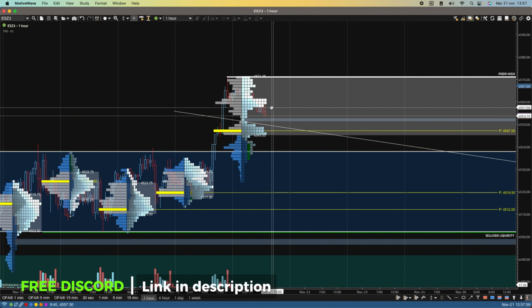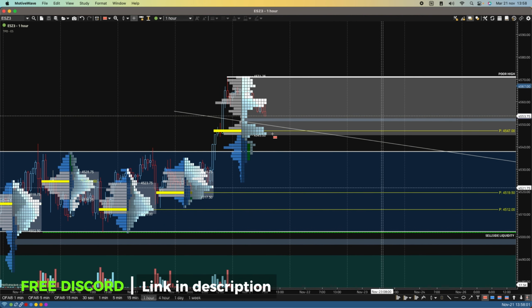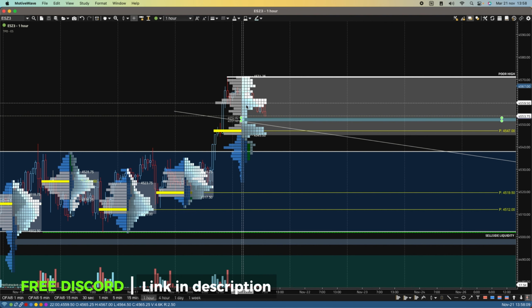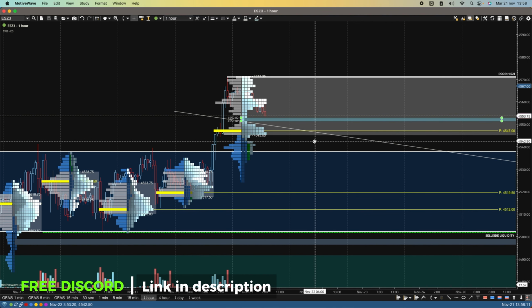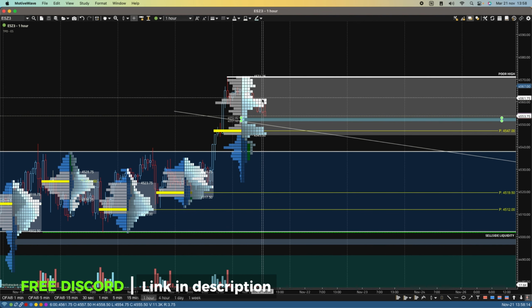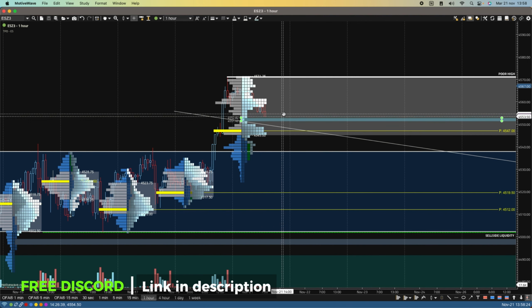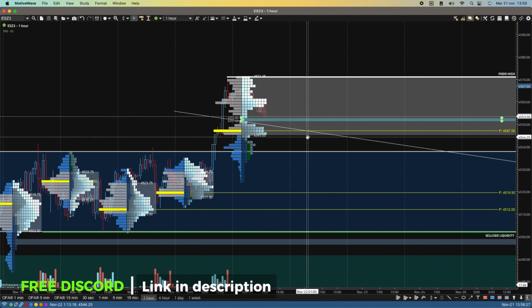We have this single print, which is quite similar in terms of concept to a fair value gap, and this is a good level that price also acts on like a magnet, which could be used for targeting price.